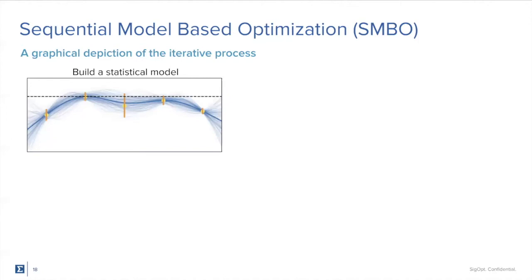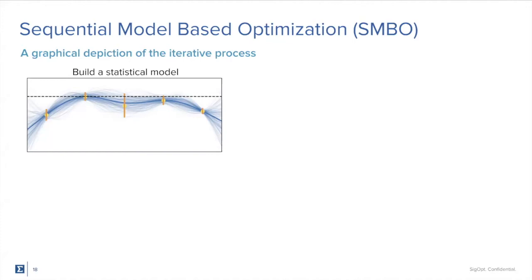So Bayesian optimization, and why it is more efficient and effective than other approaches. I like to call it sequential model-based optimization, because that's probably a more accurate statement about what it is. Think about this situation.